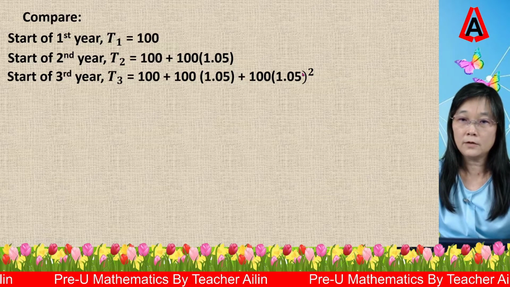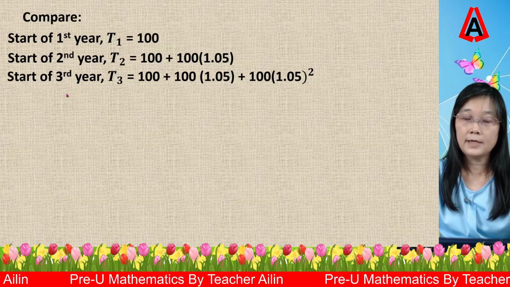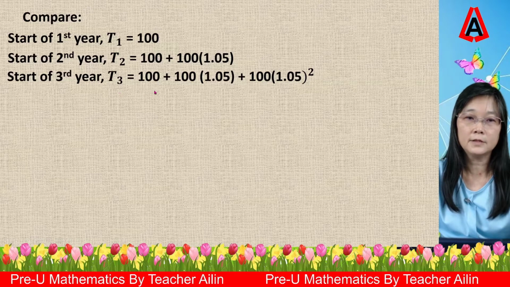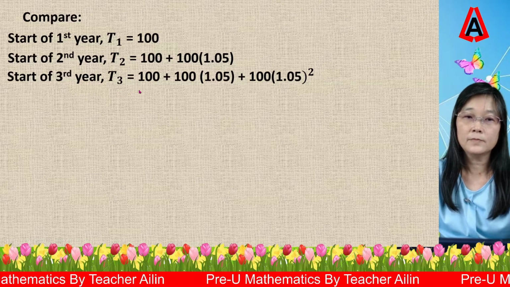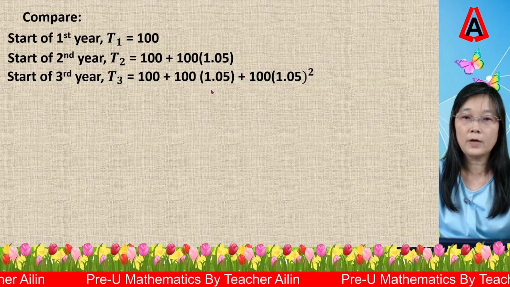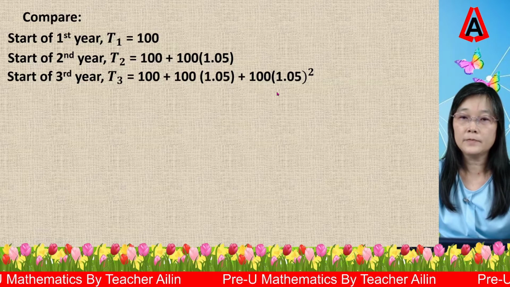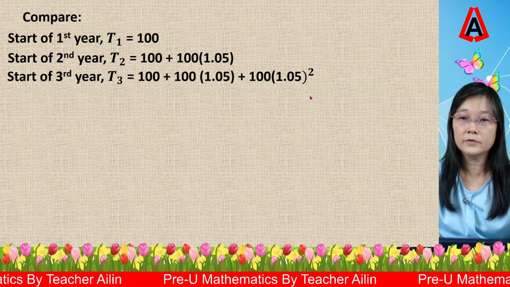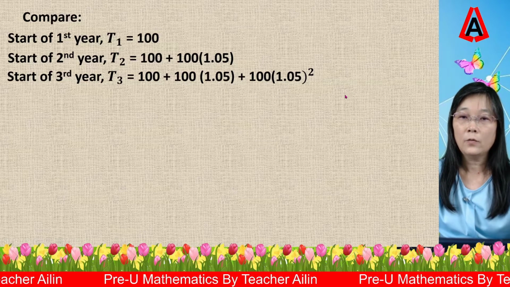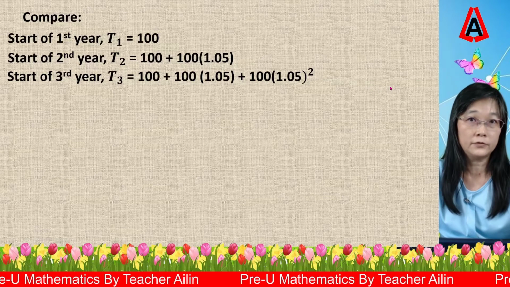Based on the change of this value, I can predict that at the start of the fourth year, the total investment is 100 plus 100 times 1.05 plus 100 times 1.05 power 2 plus 100 times 1.05 power 3.